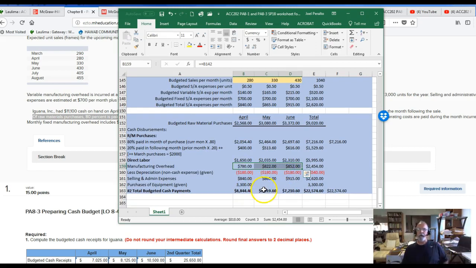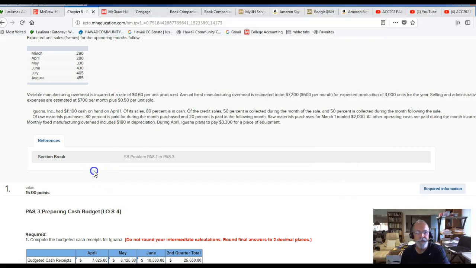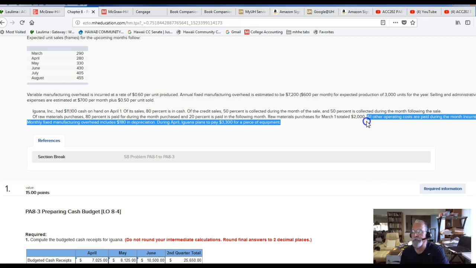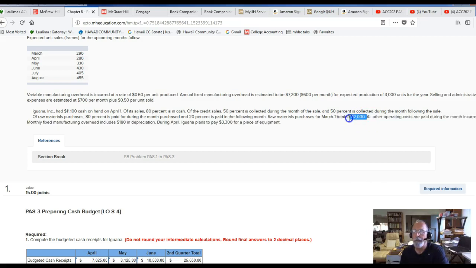Now, in terms of overhead and cash paid, we need to remember that overhead includes depreciation, and depreciation is given here. It says all other operating costs paid during the month incurred here.